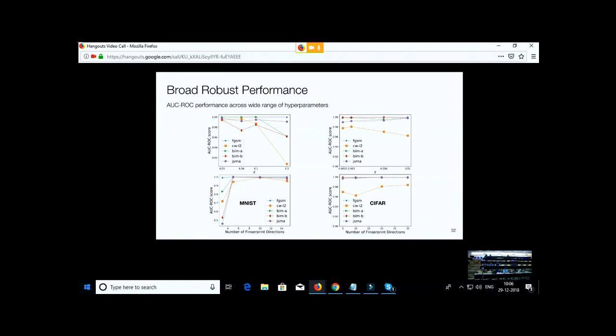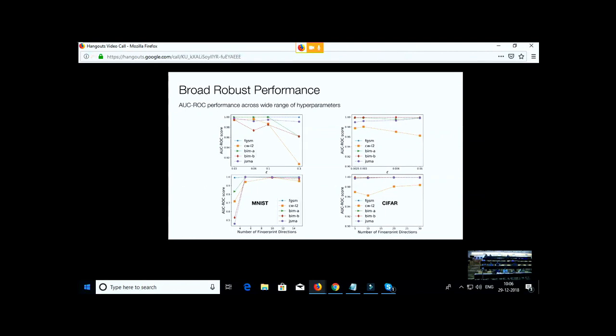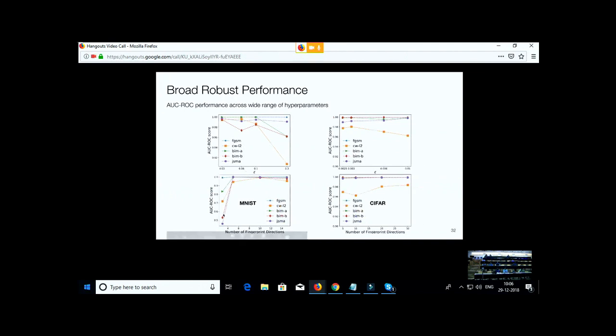And it tells us that neural fingerprinting, even with a small number of delta X's and delta Y's, is empirically very effective. It very quickly learns to detect the strongest adversarial attacks that we currently have out there. And this pattern is similar for CIFAR, although here, the left of this plot is not as pronounced as it is for MNIST.